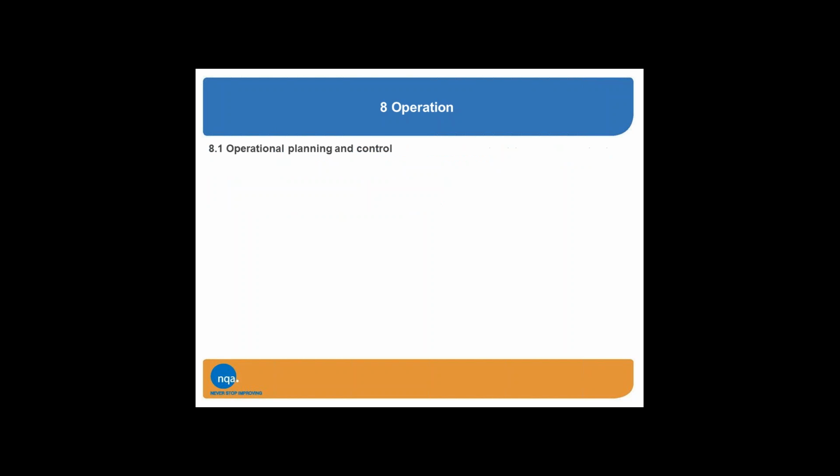Now, I'm not going to go through this clause in great detail, largely because the content will be very familiar to you. And as I mentioned, we have a lot of content that's still significantly similar to 2008, and you'd find a lot of it in this clause 8. So we have the Annex SL operational planning and control, and that's reproduced in 9001. Then in the blue text here we have the 9001 requirements in this area over and above Annex SL.